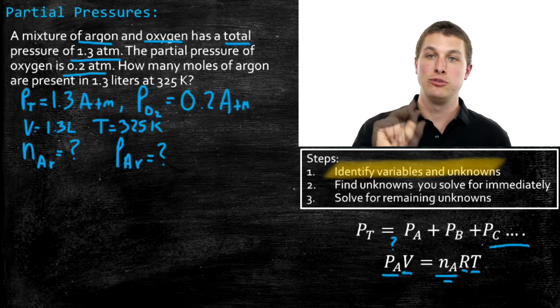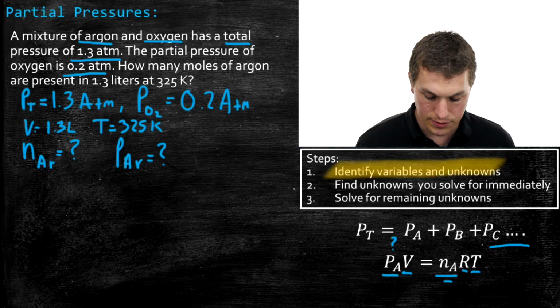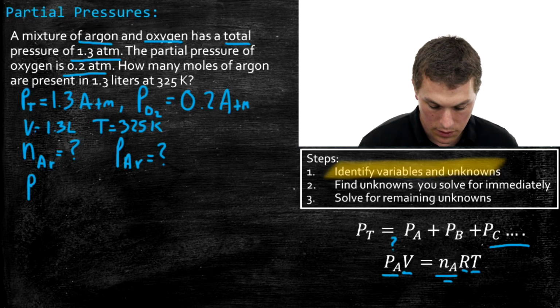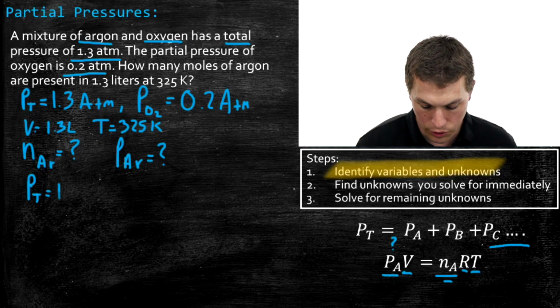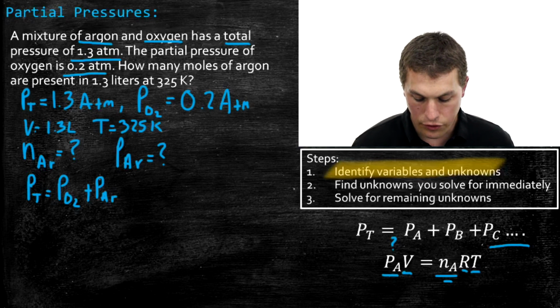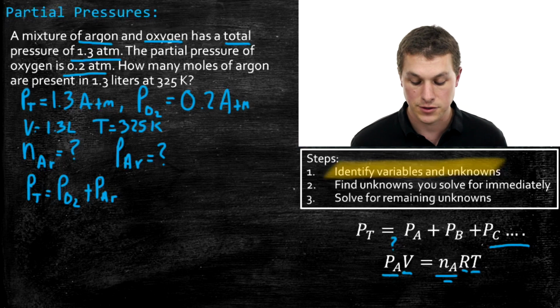In this case, we just have 2 gases, oxygen and argon, which means we can rewrite our equation as the total pressure is equal to the pressure from oxygen plus the pressure from argon. So that's the equation for our total pressure because we just have those 2 gases, oxygen and argon.